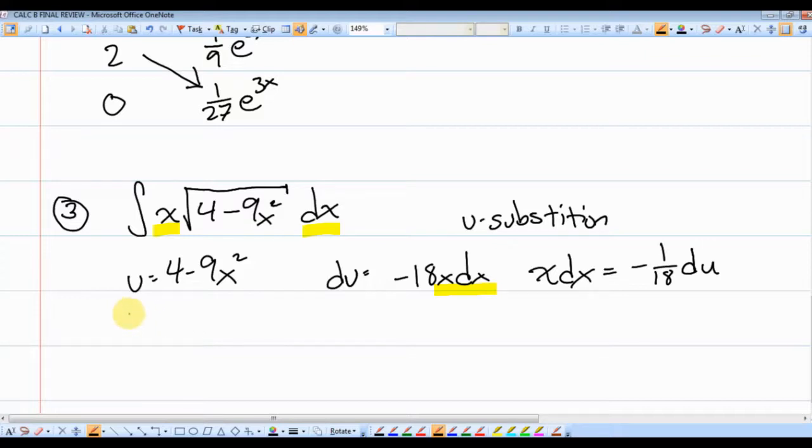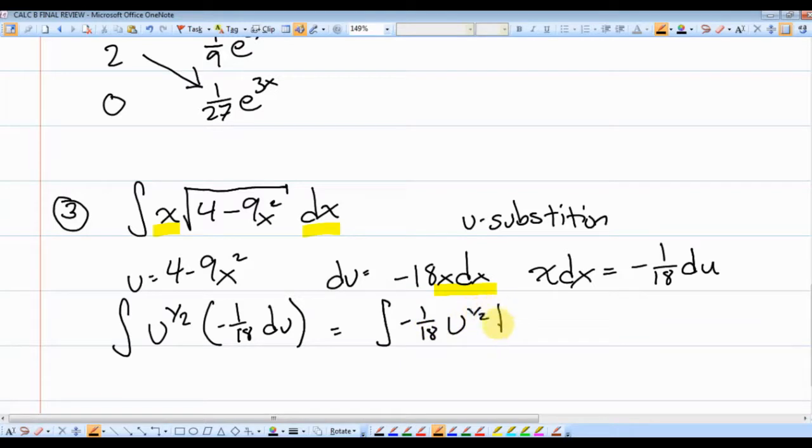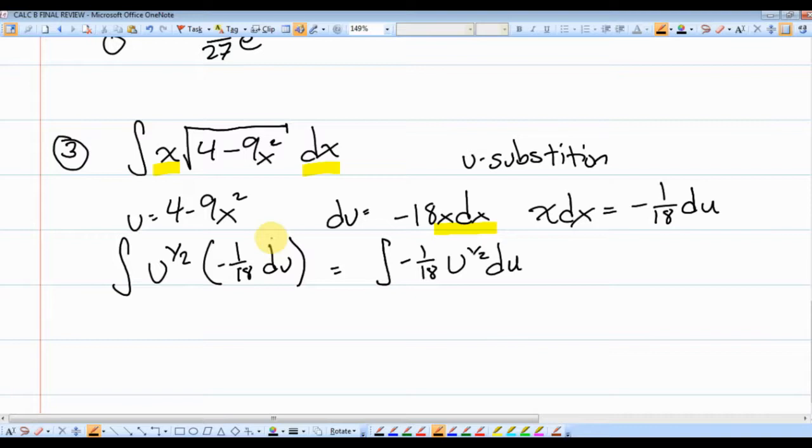So the integral becomes u to the 1/2 power times negative 1/18 du. You may want to simplify that. Okay, 1/2 plus 1 is 3/2.